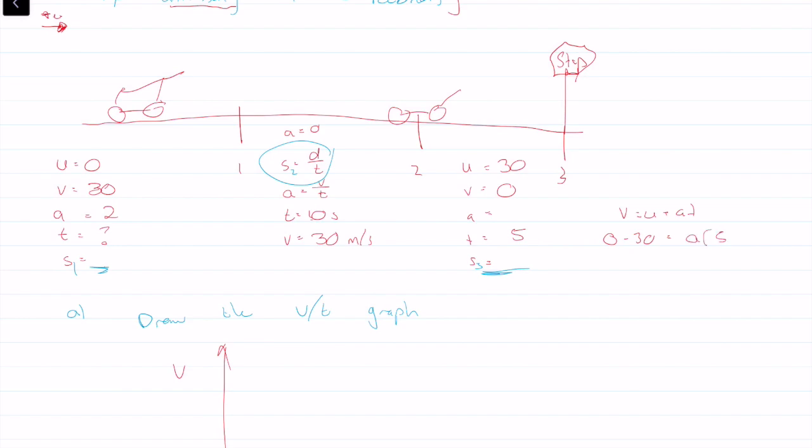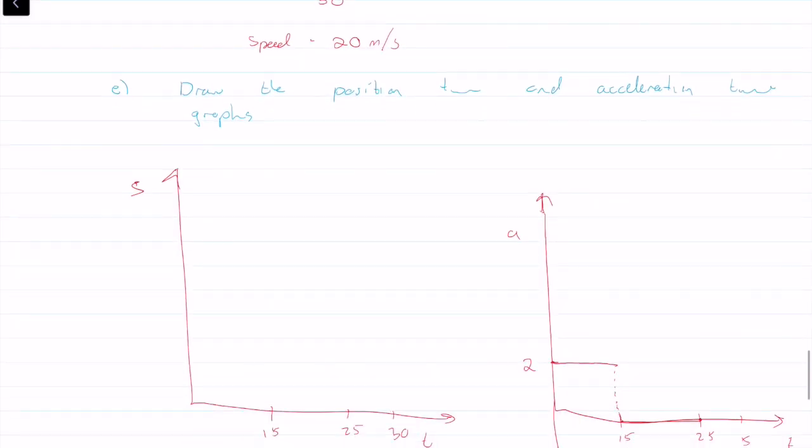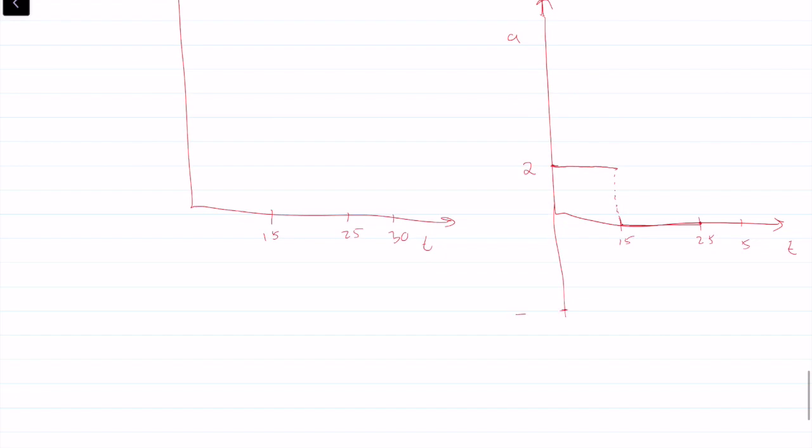So our acceleration is equal to minus 6 meters per second squared, or 6 meters per second squared left, because it's in the opposite direction. So the next part is going to be at minus 6. We drop all the way down, and we go across, and we go back up. That's what our acceleration time graph looks like.